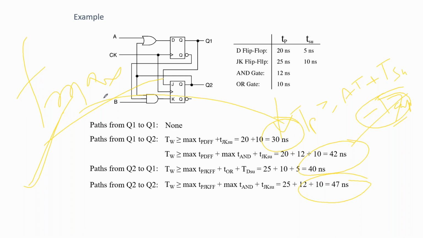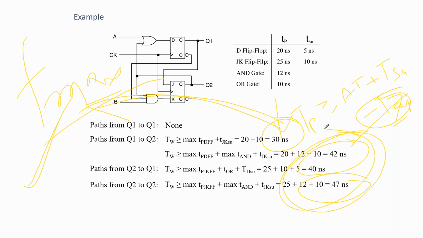I will get more frequency, but in that frequency these three paths will have the violation, and if there is a violation, then there is no significance in designing a frequency. My intention is to design a maximum frequency such that the circuit will be operational. I can achieve the maximum frequency, but my circuit is not working because these three paths have the violation.